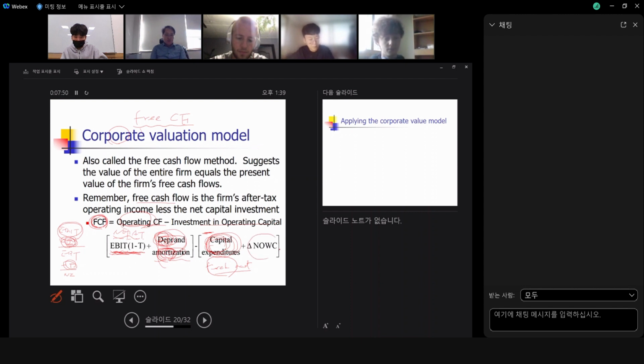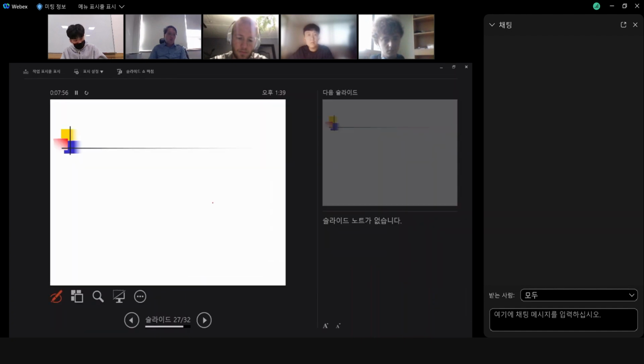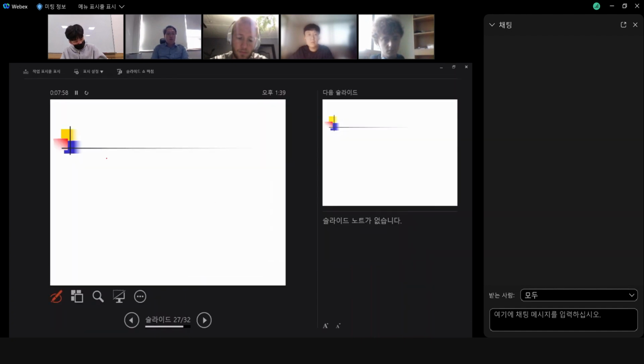And the last one is a more complicated one, net operating working capital. Let me explain net operating working capital in more detail. Before that, the more original concept is net working capital, NWC.